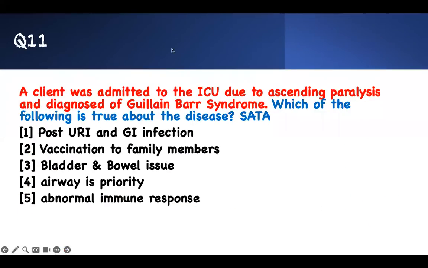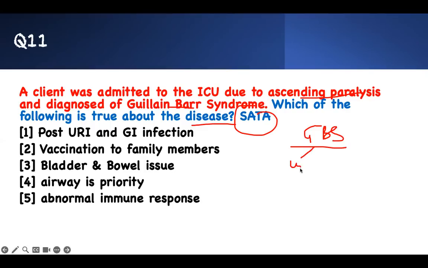Okay, GBS. Select or apply, right? Which of the following is true about a disease, right? A client was admitted to the ICU due to ascending paralysis and diagnosed with Guillain-Barré syndrome. You have to know this really, really well. What is the problem?